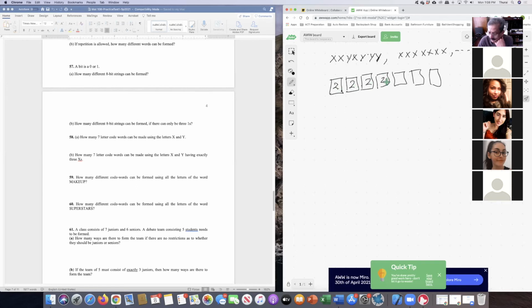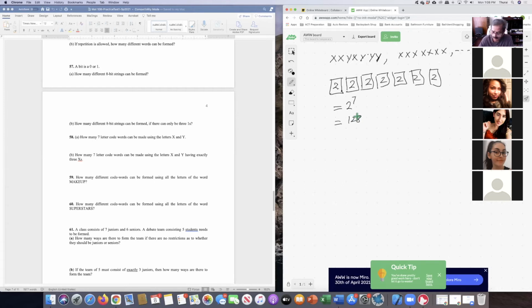So for all of them, 2 ways. X or Y can go in any of them. Repetition is allowed here. So 2 to the power 7 will be the answer. You have to calculate that in your calculator. 128.